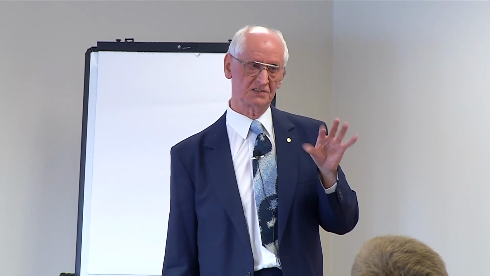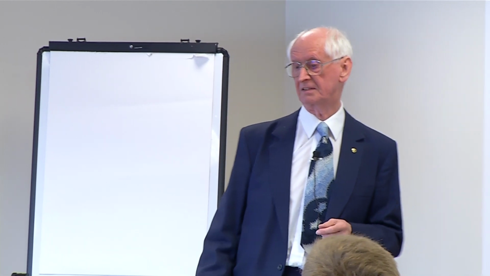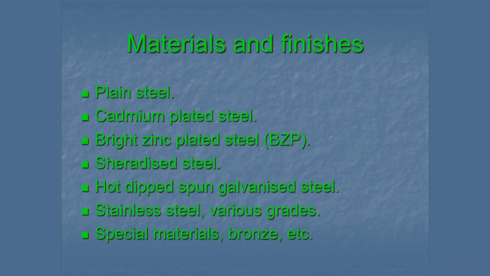And the zinc plating does tend to be a different colour depending on how they did it. And there are special materials like bronze. You might find some bronze fixings around, not very many, but they do. Historic buildings sometimes have bronze fixings in them.